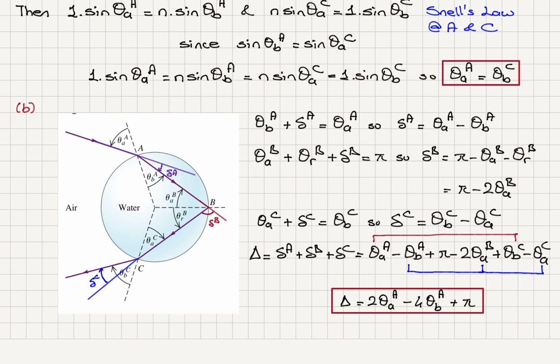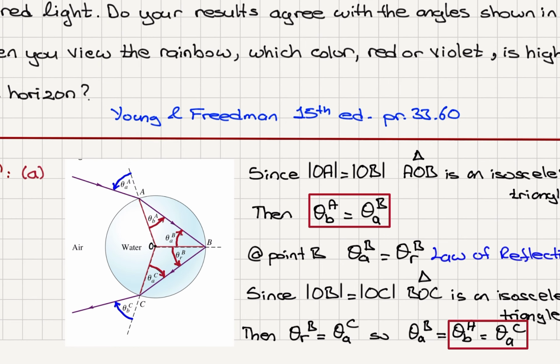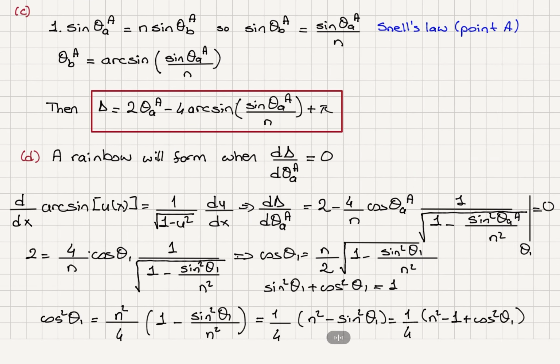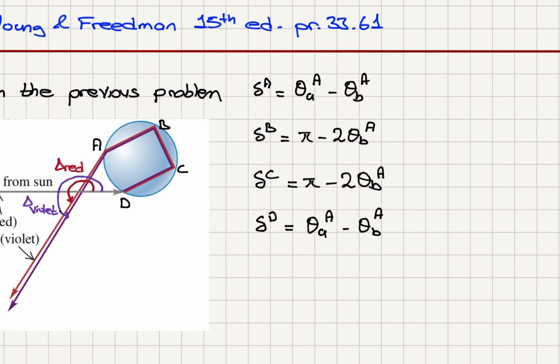Because all of these angles are the same, we're looking at the angle of refraction at this point minus the angle of refraction at point A, but we have shown that these two angles are the same, so it's basically the angle of incidence at point A minus the angle of refraction at point A. Okay, so if we add these, because we know all of these answers from the previous problem, we can find the total angular deflection, delta.